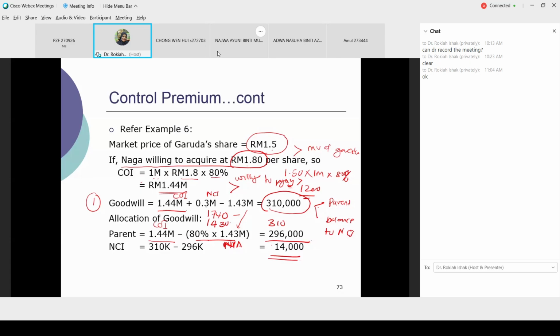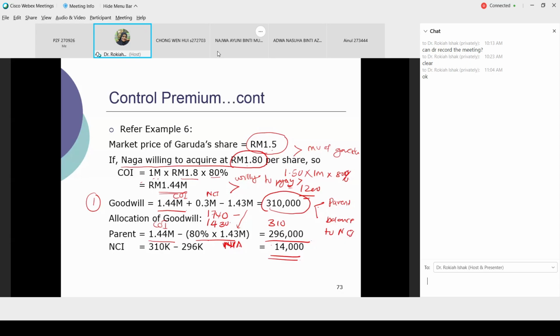So this is what we said: if the COI is equal to the market value of the subsidiary, then the goodwill can be allocated based on the percentage, based on the rates here, 80% and 20%, depending on the ratio of parent and subsidiary. But if the parent paid more than the market value of the subsidiary, the first thing that you need to do is find the goodwill.